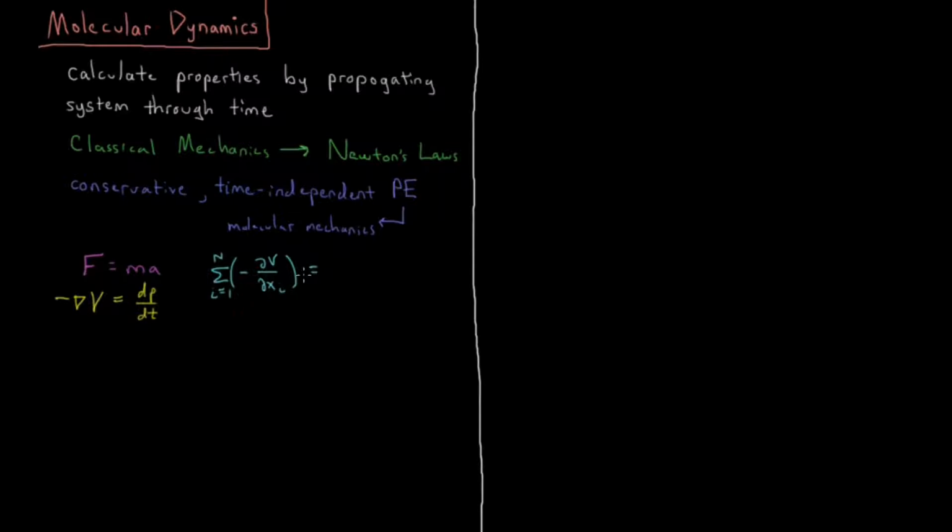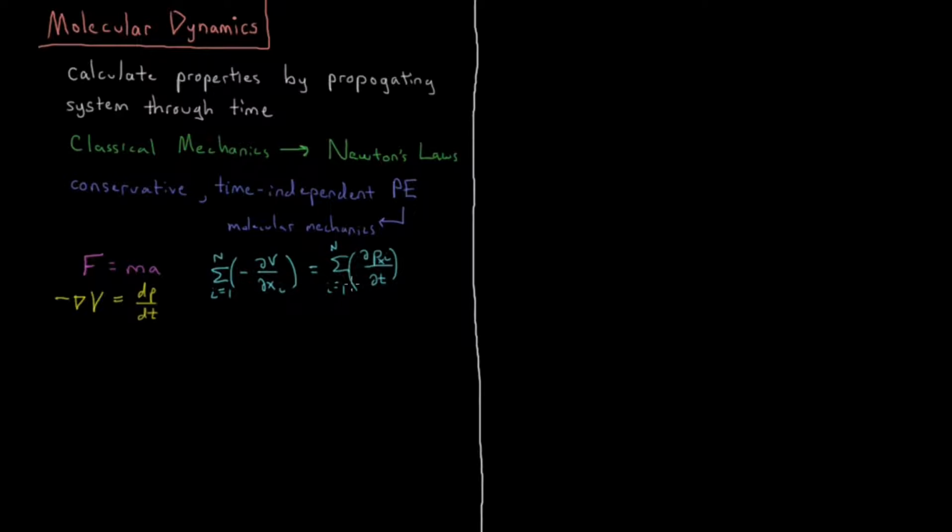So that's the force, and that is going to equal the acceleration, which, as we said, summing over all of those dimensions, is going to be the second derivative of x with respect to time, or as we also said, the derivative of momentum in that dimension, so the derivative of the x momentum with respect to time. So these all correspond.